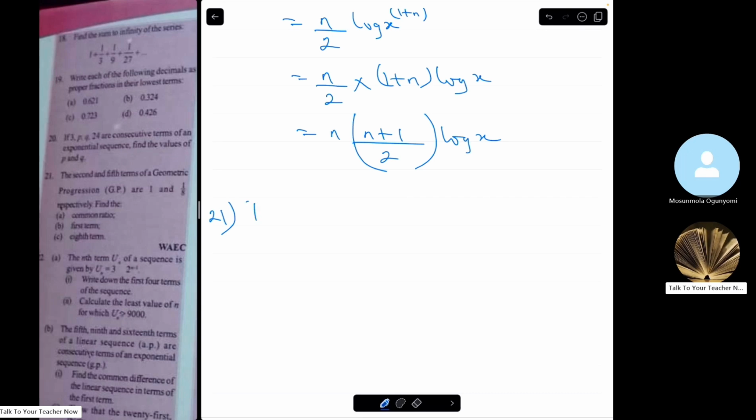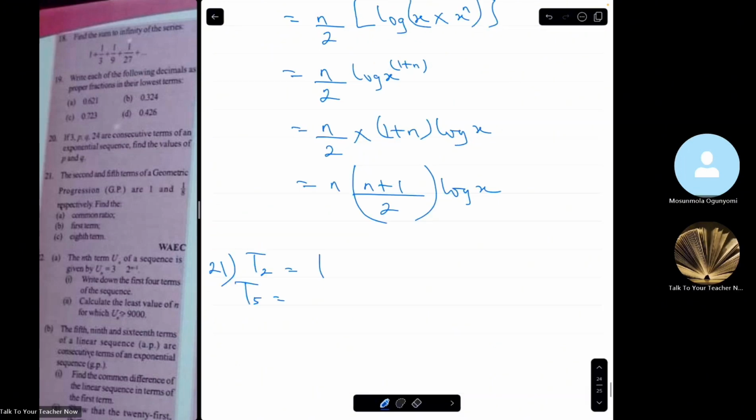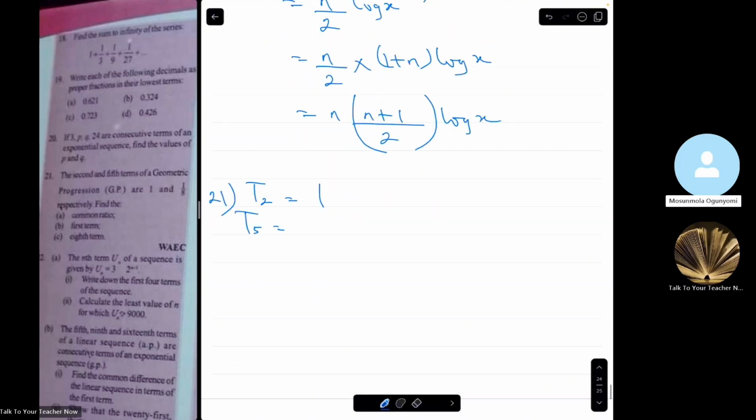Hold on a sec. So what does that mean? T2 is equal to what? 1. Beautiful. And T5 is equal to what? Equals 1/8. Great.